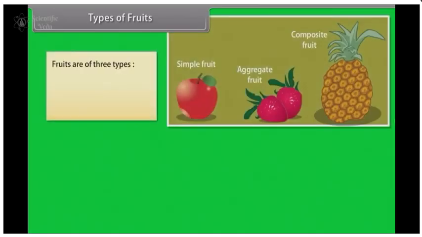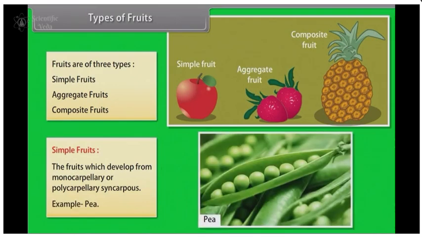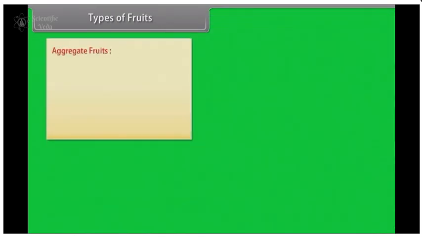Types of fruits. Fruits are of three types: simple fruits, aggregate fruits, composite fruits. Simple fruits. The fruits which develop from monocarpellary or polycarpellary syncarpous ovary. Example, pea. Aggregate fruits.